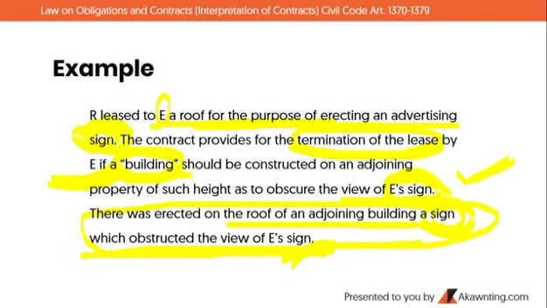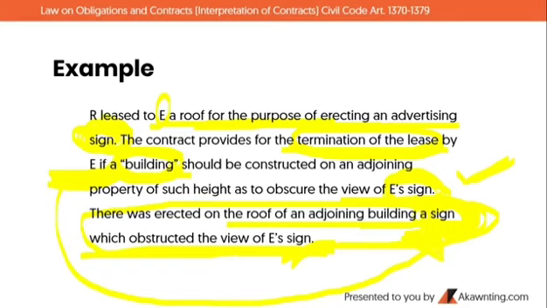Okay, so in this case, this word building will also be construed to mean this one, yung sign na pinatayo. Although hindi building yung pinatayo, ibang sign din, at natakpan yung sign niya, so pwede pa rin yung maging ground for the termination of the lease. Although, literally, ang nakasulat yung building na word, okay? So, this building will also include this, the sign. Okay? Kasi, yun naman yung purpose kung bakit natin binanggit yung word na building.